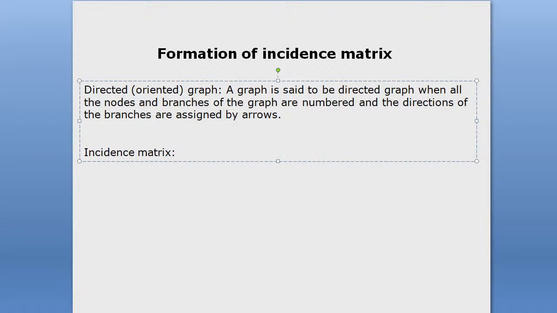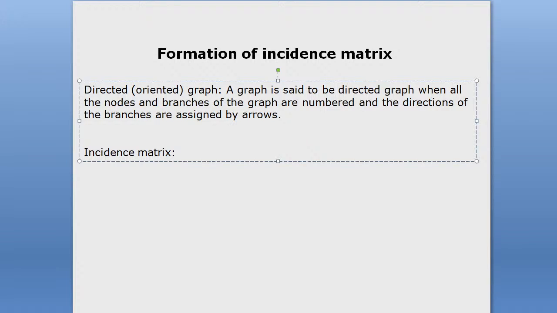Everyone knows that each branch is incident to any one of the nodes in a graph.